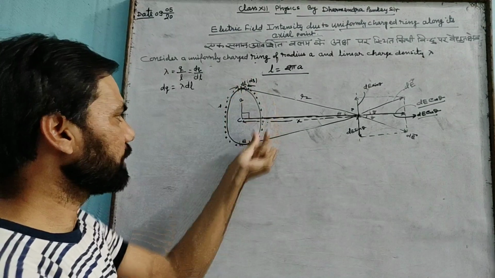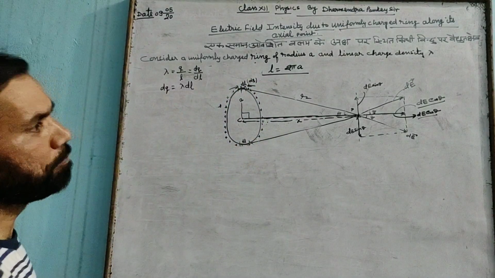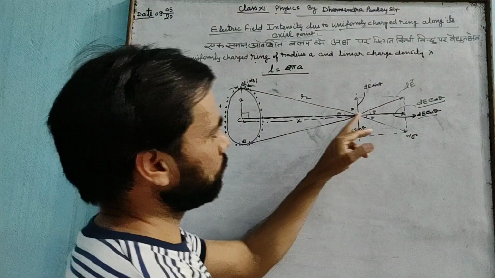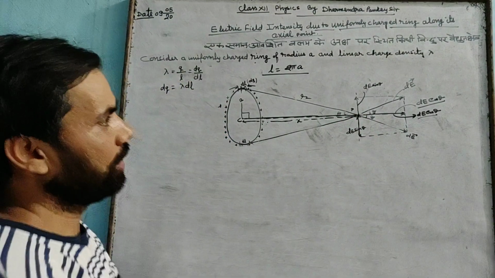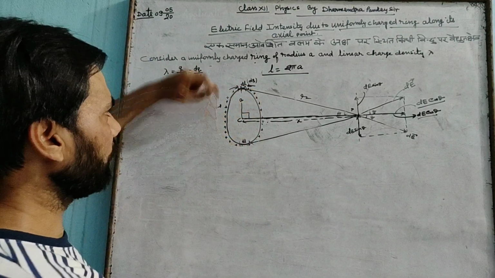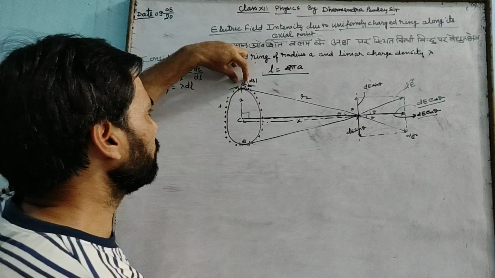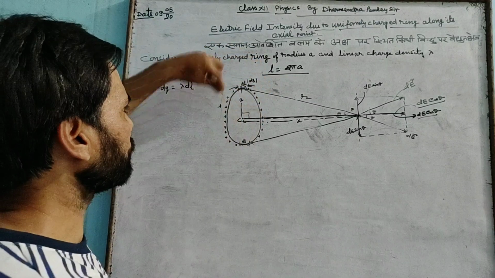Since here the charges are distributed uniformly and continuously, unlike the earlier case where we calculated the electric field intensity due to a point charge, the situation is different here. So we divide the whole charge distribution into small point-like charges.